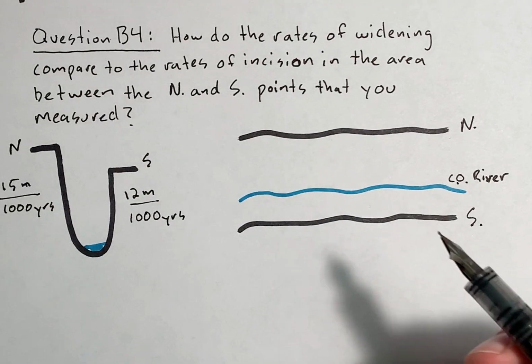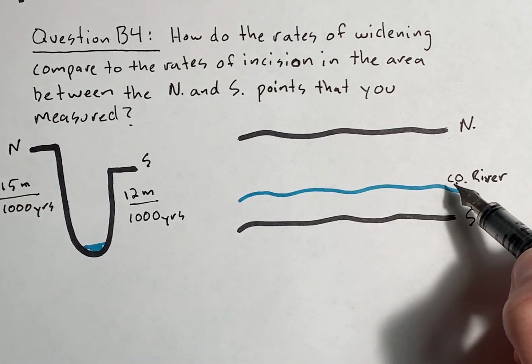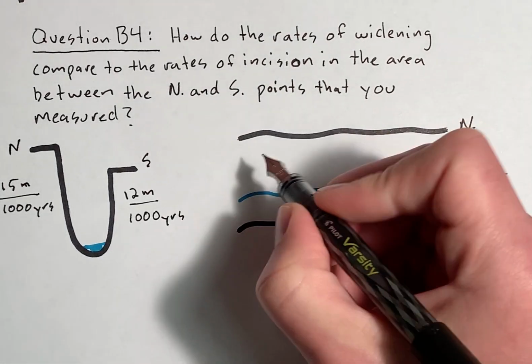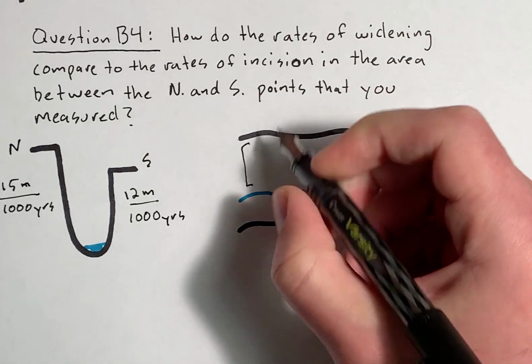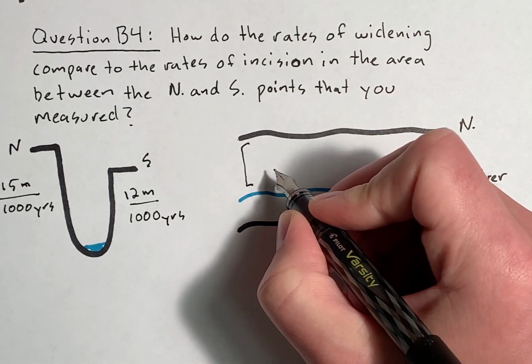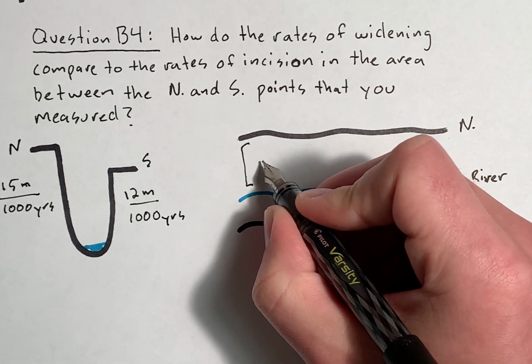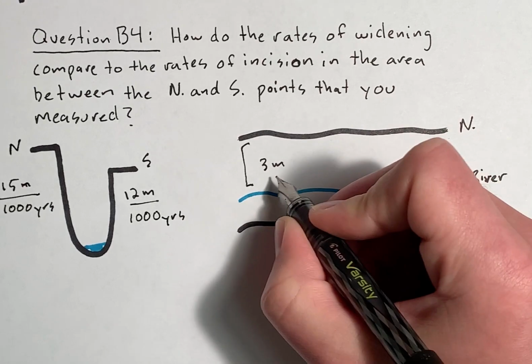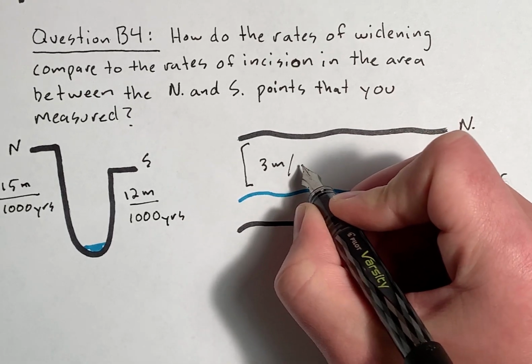And the rate of widening between the Colorado River and the north rim is going to be, let's say, 3 meters per 1,000 years.